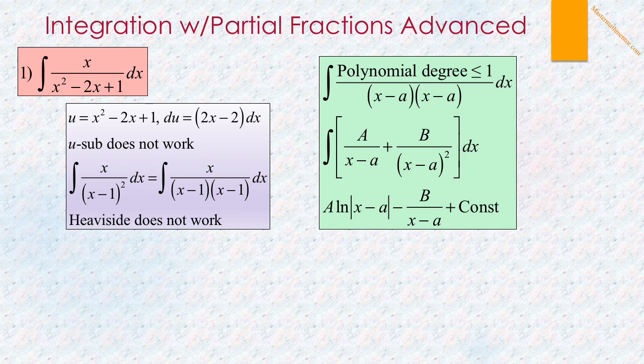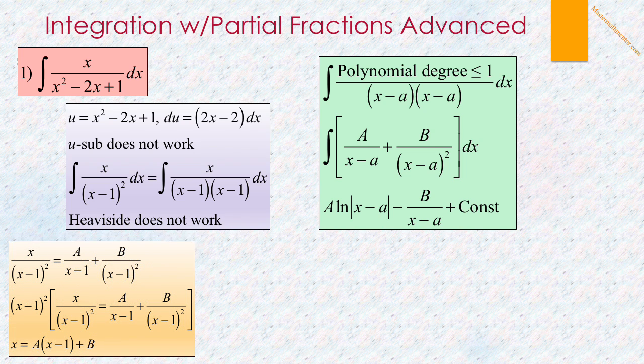And once we know what capital A and capital B are, we can integrate each piece. The first piece by using logs, the second piece by the power rule, getting A natural log absolute value of x minus a minus B over x minus a plus a constant. Let's see how this works on this problem.